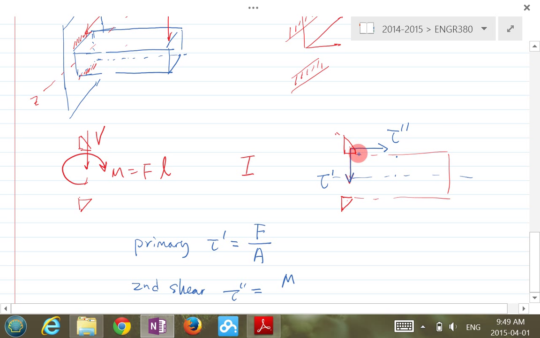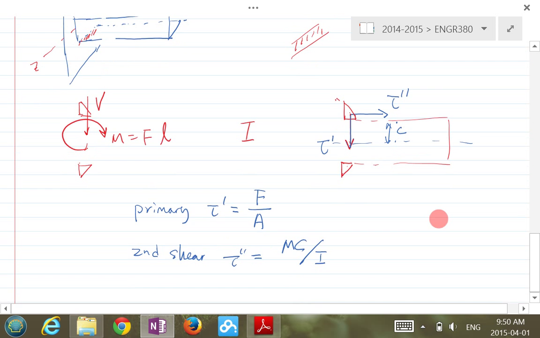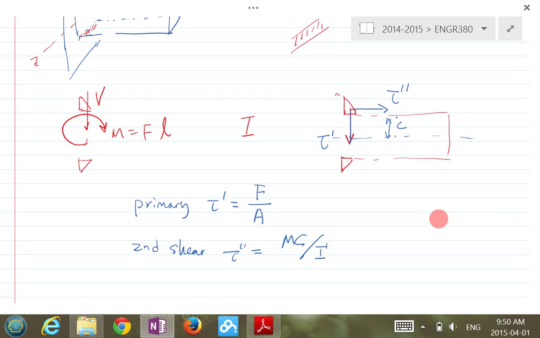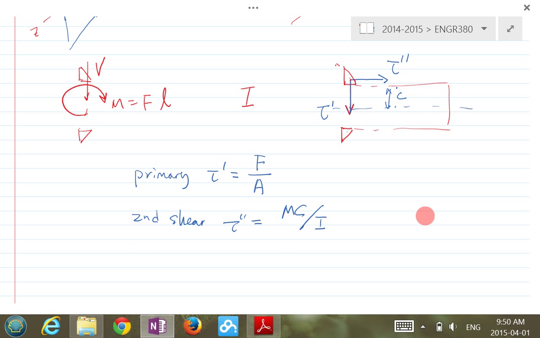But if that half of h is very small, let's just use half of this. So let's say this is c. So times c over I. Is that good? So that's the two stresses.